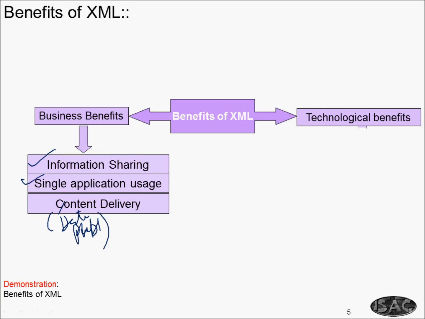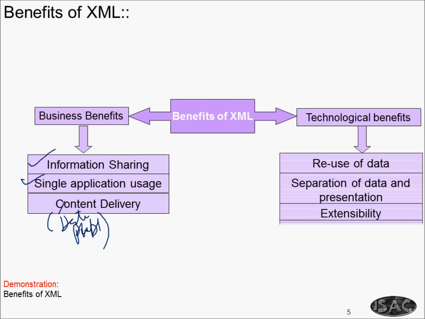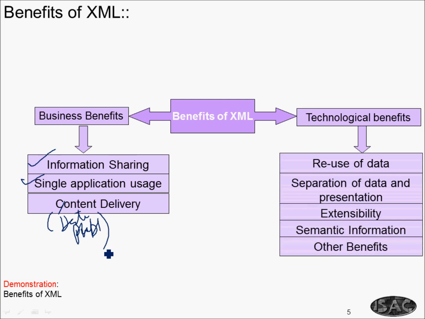Technological benefits: you can reuse the data, separation of data and presentation, extensibility, semantic information. It is quite possible that you have an XML file. Let us assume that I have an XML file which is nothing but all the details about various books.